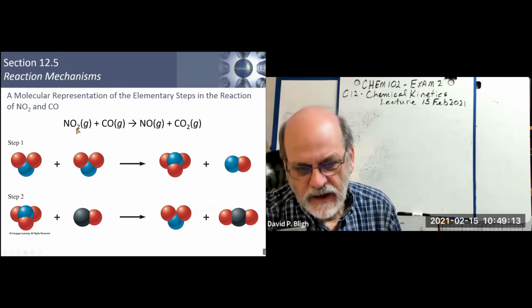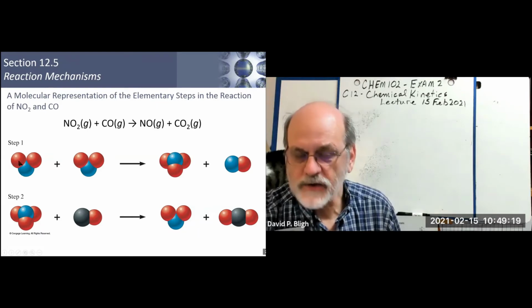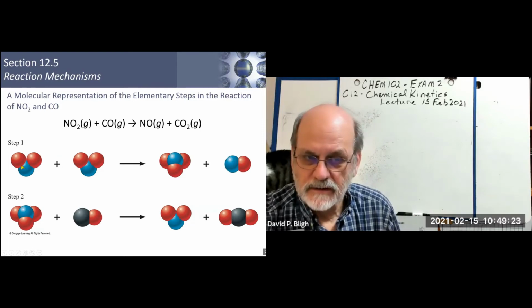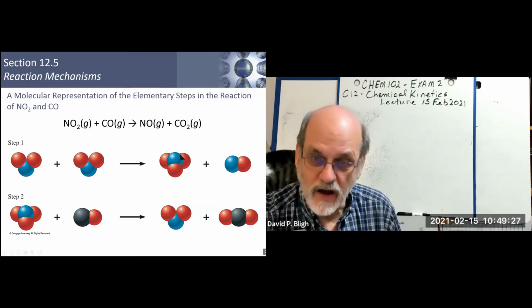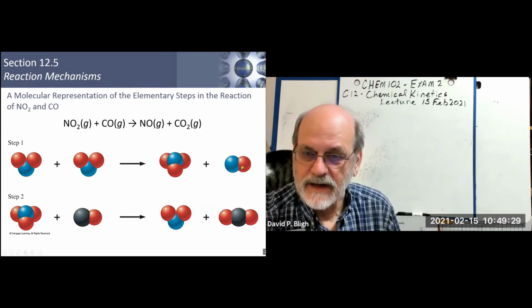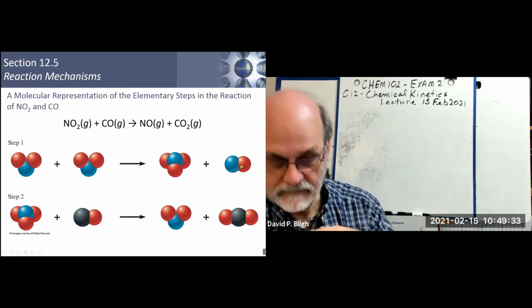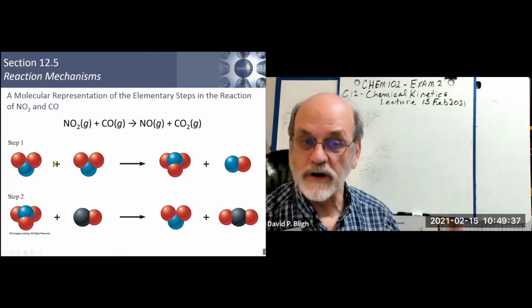So here we have nitrogen dioxide. Nitrogen is blue and oxygen's red. So you have 2 of these, right? That yields a nitrogen trioxide and a nitrogen monoxide, right? That first reaction is just the simple transfer of one oxygen atom from one to the other.